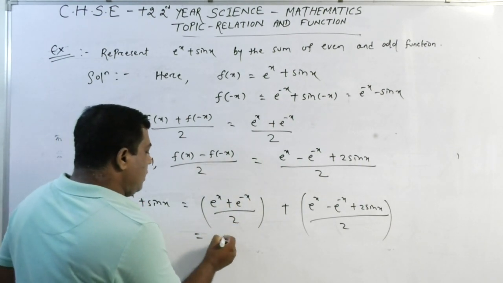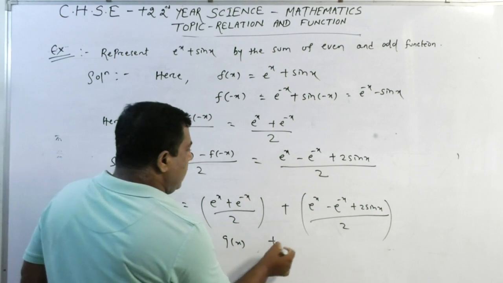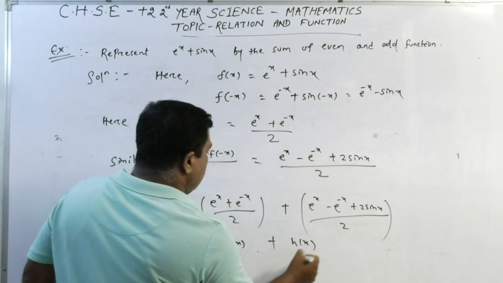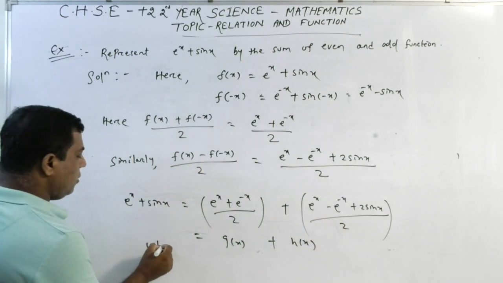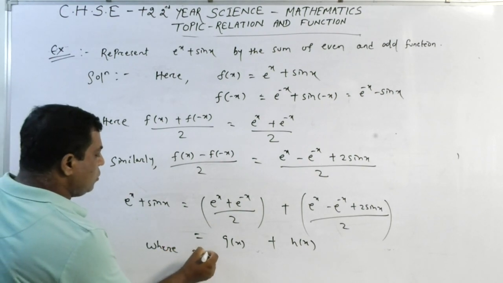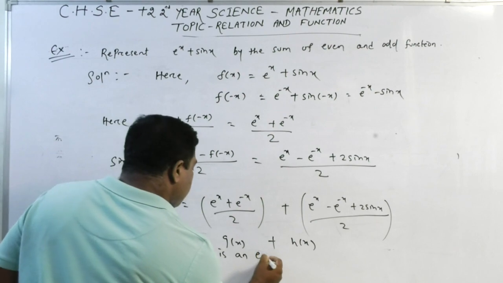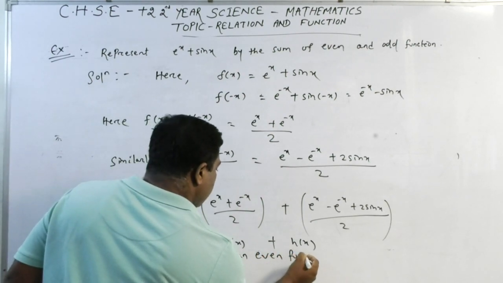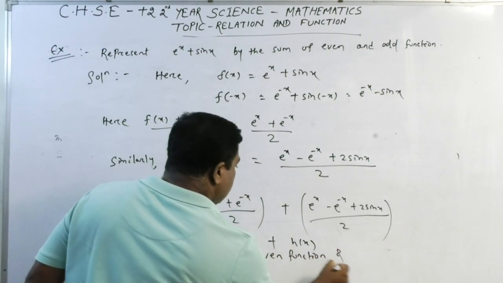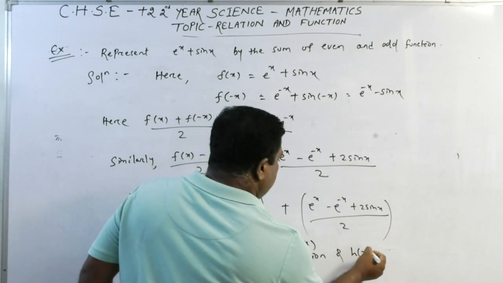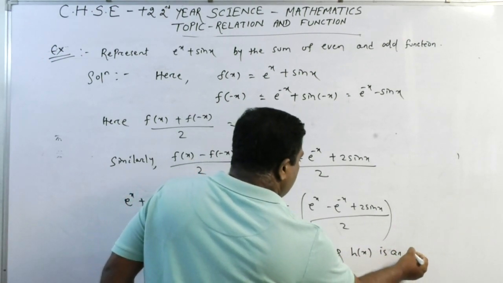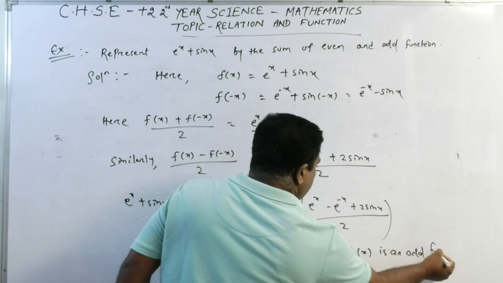I can represent it also as g of x, and this one as h of x, where g of x is an even function, and h of x is an odd function. Okay?